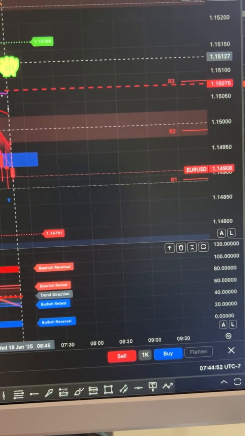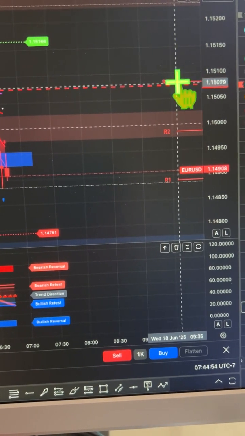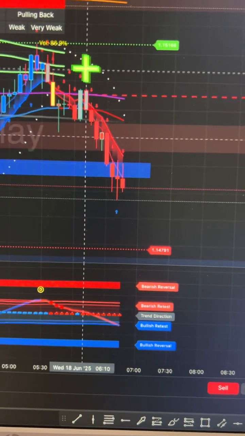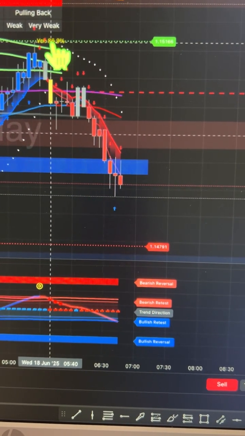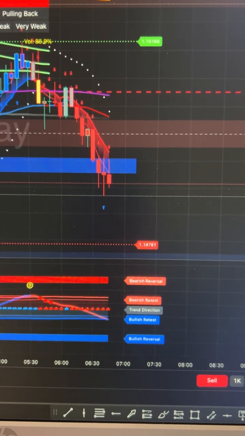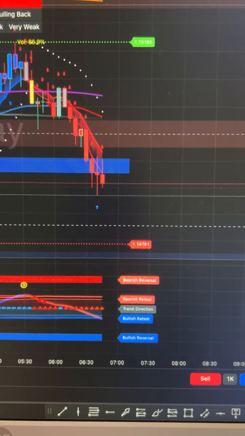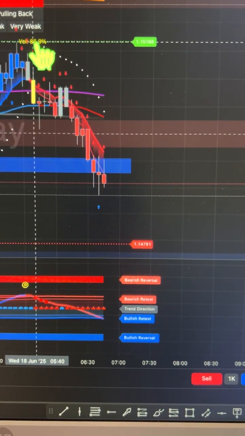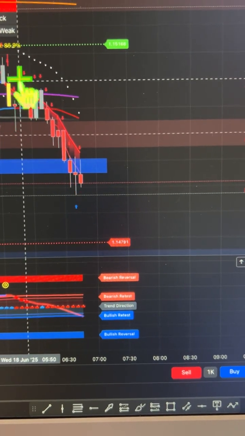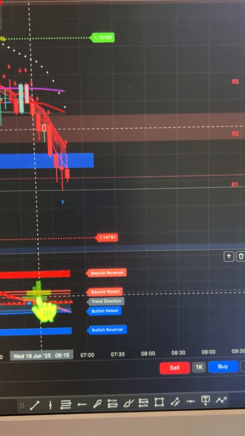Now, when we go to the right, we've got no pivot points above it, so we're looking to go down there. Then we got the super sniper arrow right there, so that is a sign to get looking that we're going to get in. We got a reversal candle, we're getting in. We got red candles all the way down, guys.